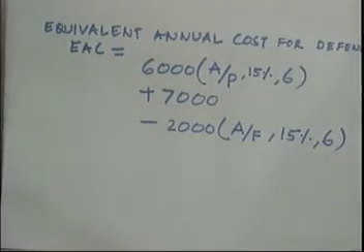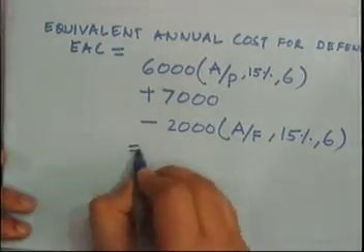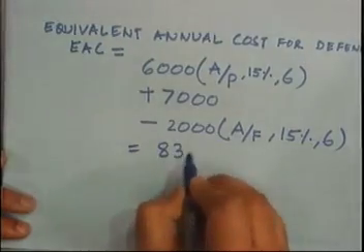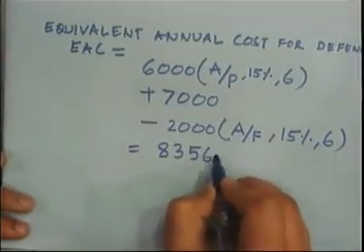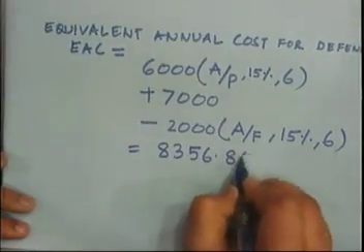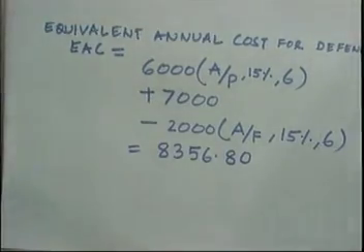If you calculate it like this, you will get a value of 8356.80. So, this is the Defender's annual cost.